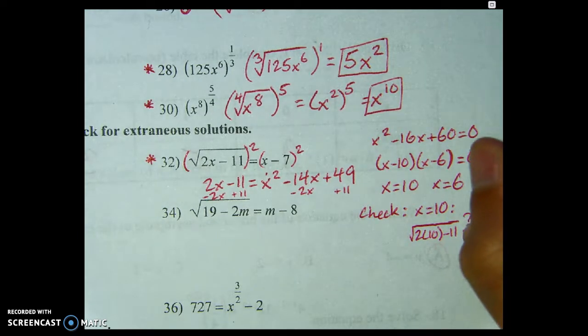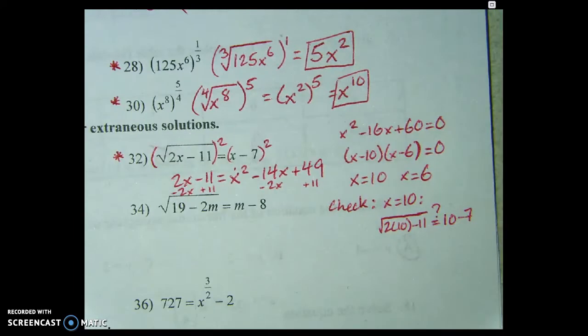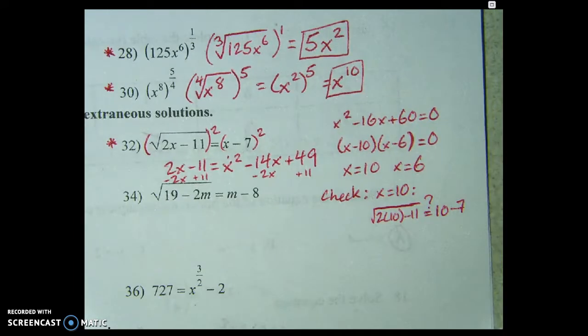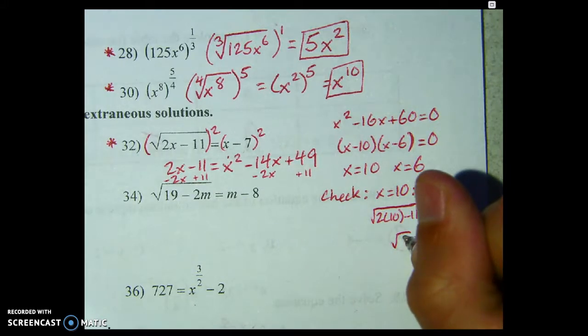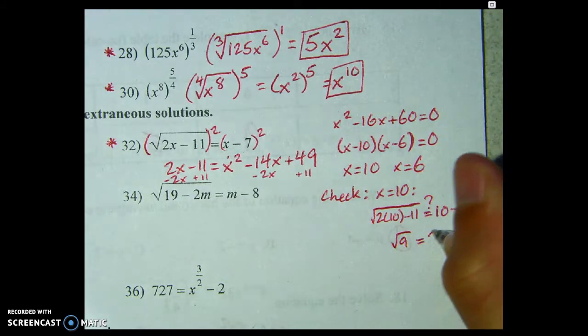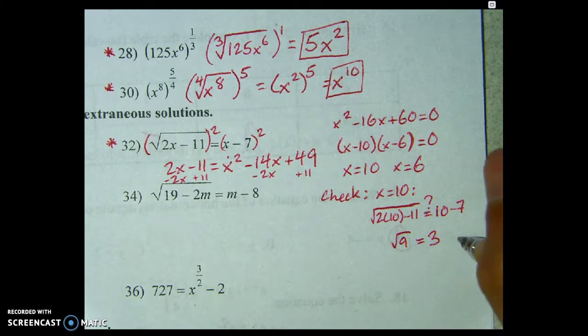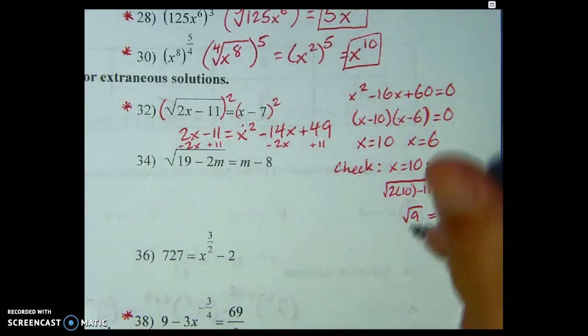We're going to put a little question mark over the equal sign. Is that a true statement? That's what we're checking, right? Does the square root of 2x minus 11 equal x minus 7 when x is 10? So here we get 20 minus 11, which is the square root of 9. Does that equal 3? And we know that the answer actually is yes. That's true. So we know that x equals 10 is good.